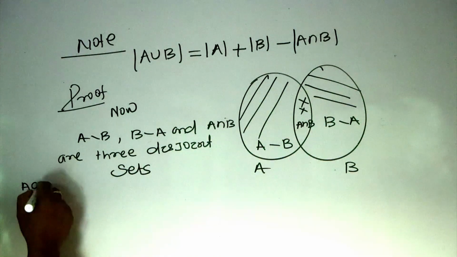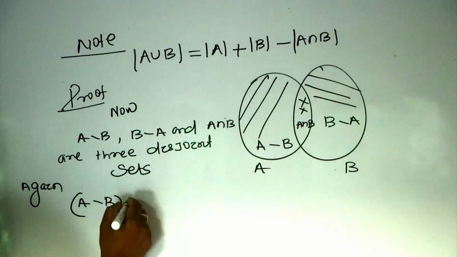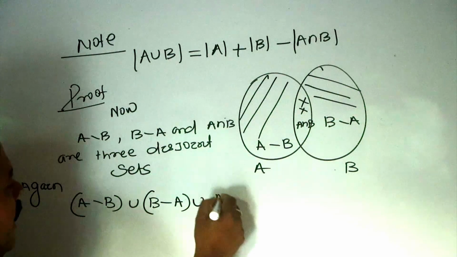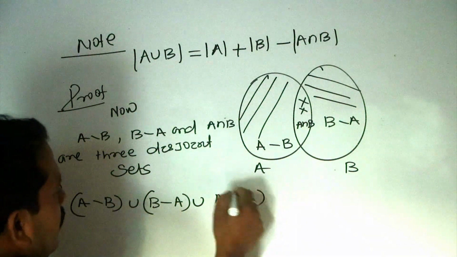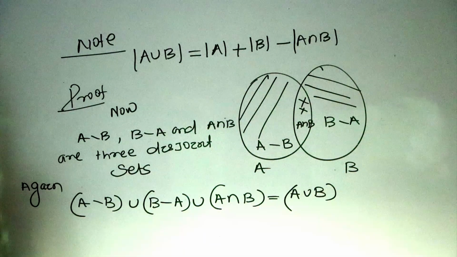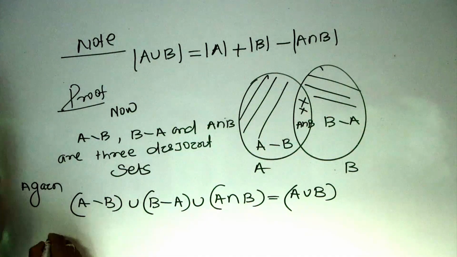Again, A difference B union B difference A union A intersection B equals A union B, the union of these three sets equals A union B.